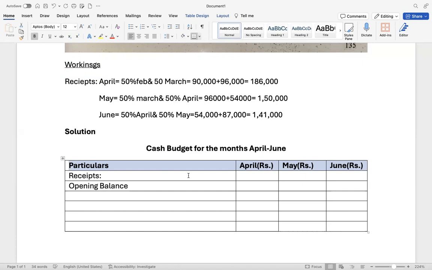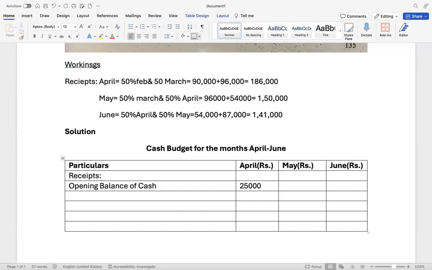Okay. So particulars, April amounts, May amounts, June amounts. What are the receipts? The receipts are opening balance of cash. What is the opening balance of cash in the month of April? Rupees 25,000.